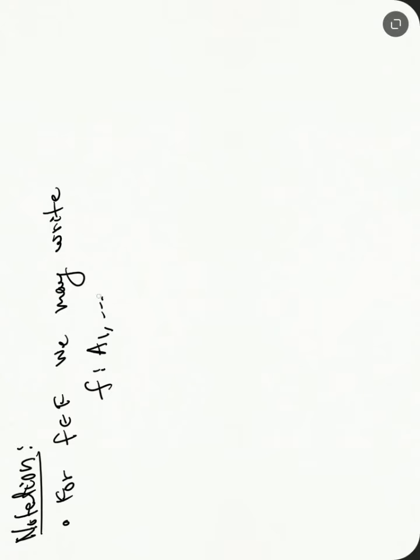So we could have this, a list here to B, or we could write this as products, I guess. So this is the domain, and this is the range.